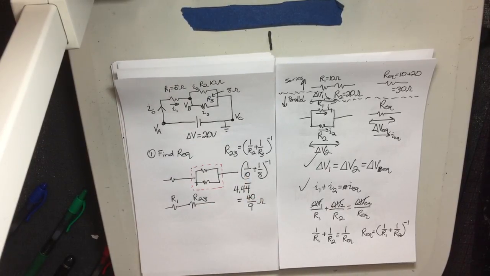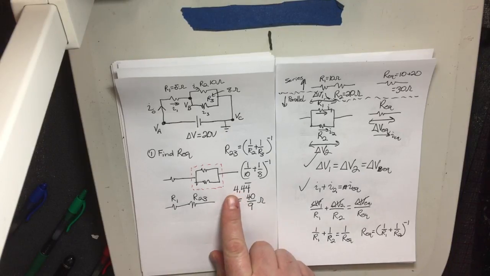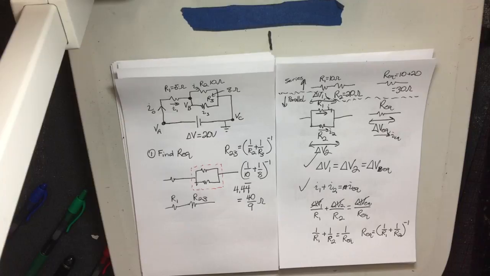Now, why am I using fractions in the middle? Because I know that you guys are a bunch of plug-and-chug fiends who love just ripping bits of information off. If you went 4.44 and that was it, you'd be chopping off information and you would be introducing bit rot into your circuit.